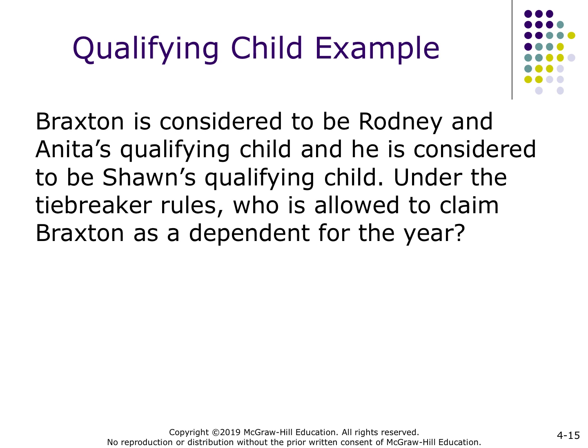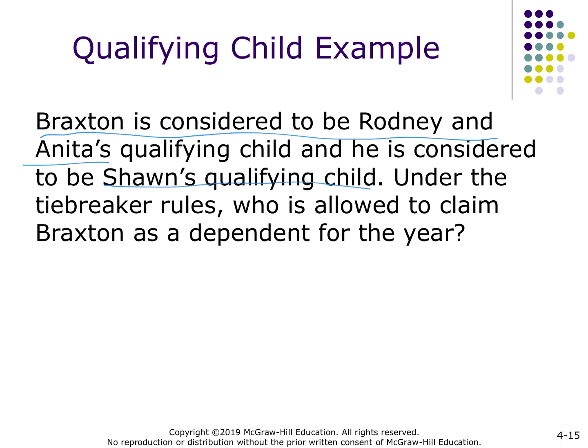All right. So that's what this slide is talking about. Braxton is considered qualified to be Rodney and Anita's qualifying child, and he's also considered able to be Sean's qualifying child.